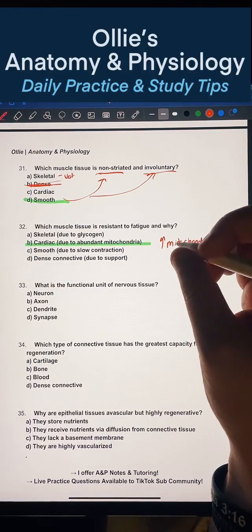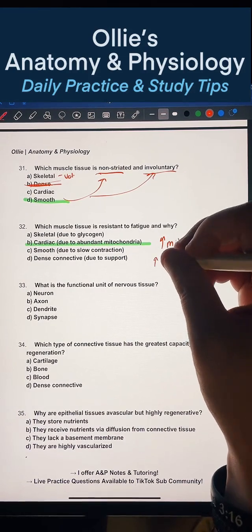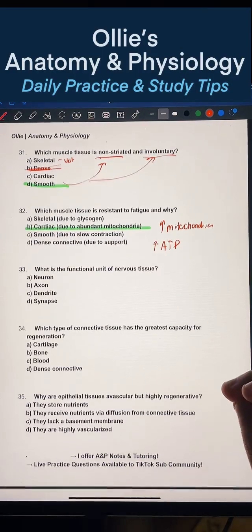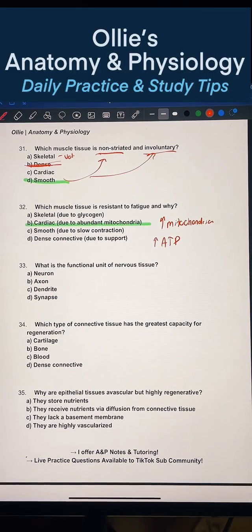More specifically, it's going to produce ATP for continuous contractions, helping it to produce contractions without fatigue. That's when you get into the muscular system and go over slow twitch and fast twitch. Slow twitch, your marathon runners, those fibers are going to have more mitochondria for producing more ATP.